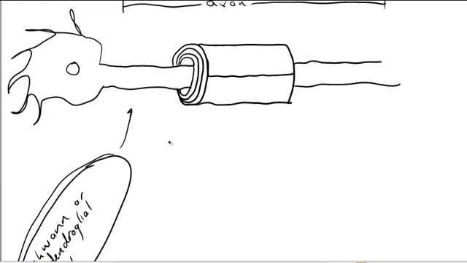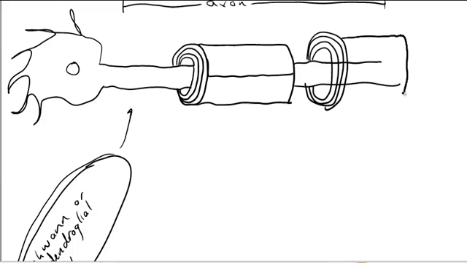But they're not long enough to cover the whole axon, so another one will come along and wrap itself around.